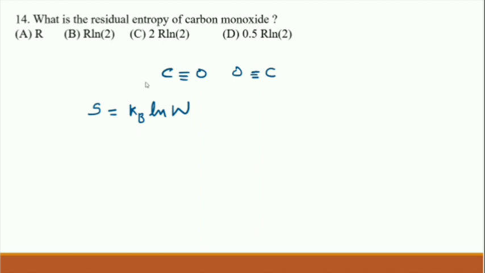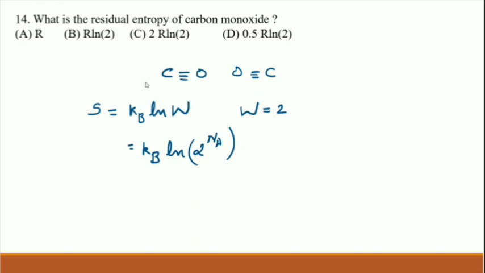Two ways are there, so W equal to 2. Substituting in the equation, Kb ln 2 raised to Na, where Na is the Avogadro number. Two ways are there to arrange the system, and for Na atoms, 2 raised to Na.